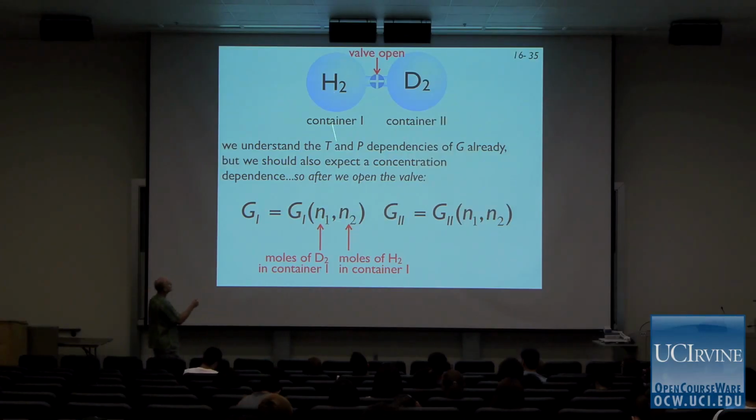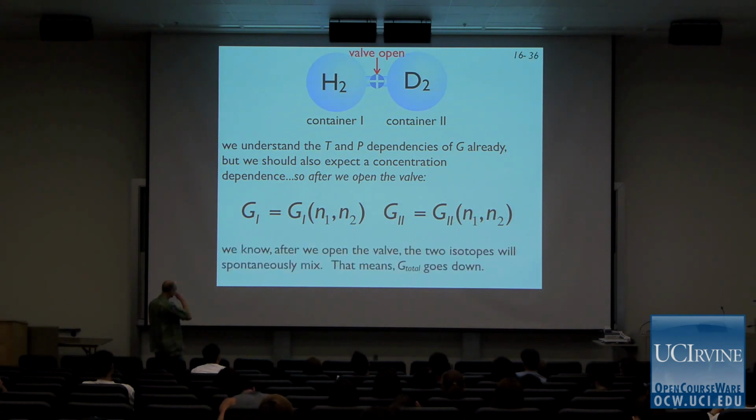This notation is confusing. N1 refers to H2. N2 refers to D2. I need to fix this. And likewise, the free energy in the second container also contains contributions from these two gases. All right, we can expect it to be a function of the two gases.